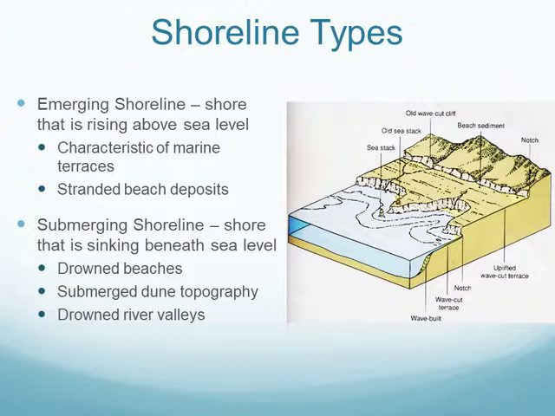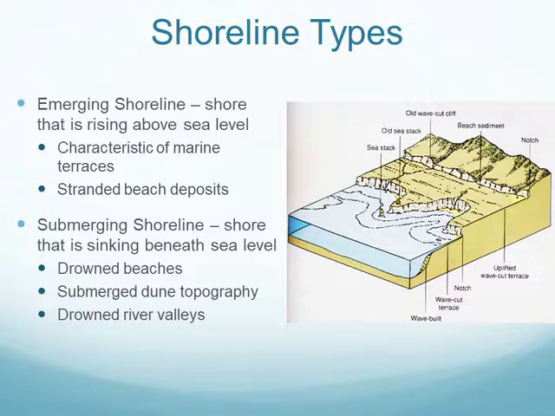So if it continued to rise, typically those types of shorelines have characteristic marine terraces and stranded beach deposits, because essentially the coastline is rising. So as the coastline rises, the original beach continues to get further and further away from the coastline. So then it no longer becomes a beach. It just becomes part of land.